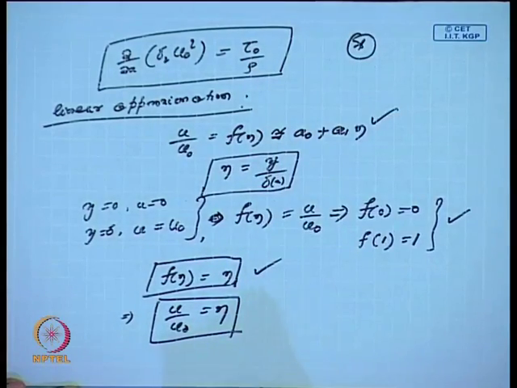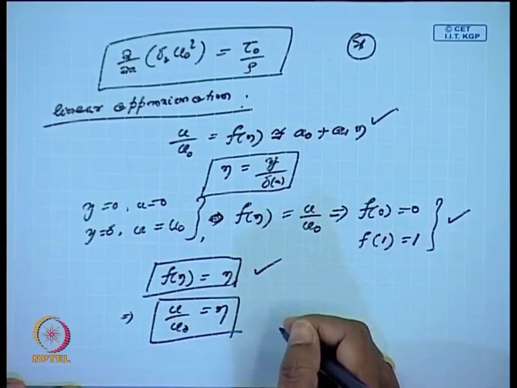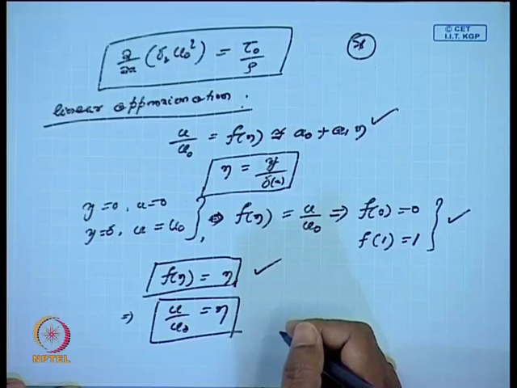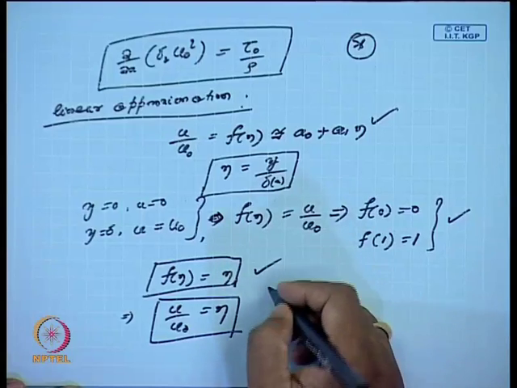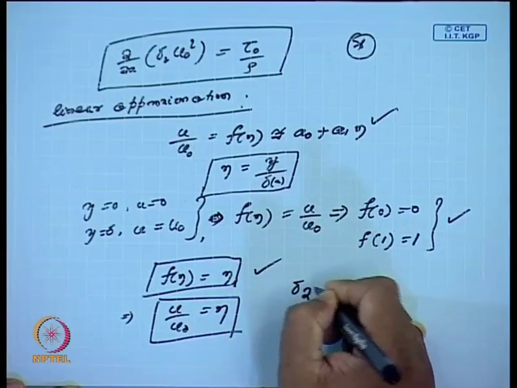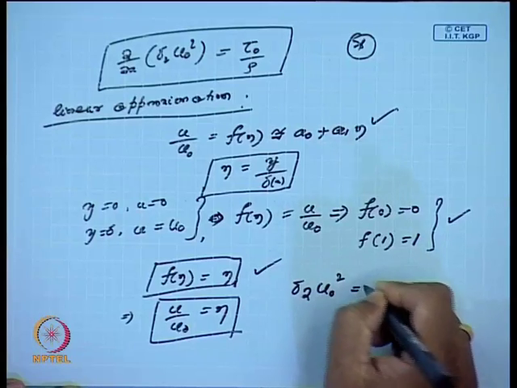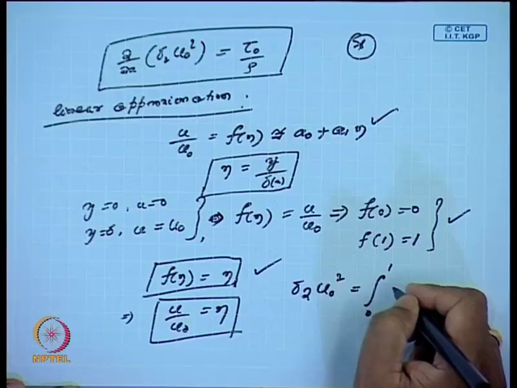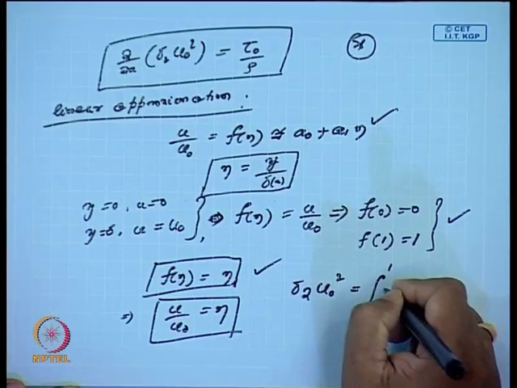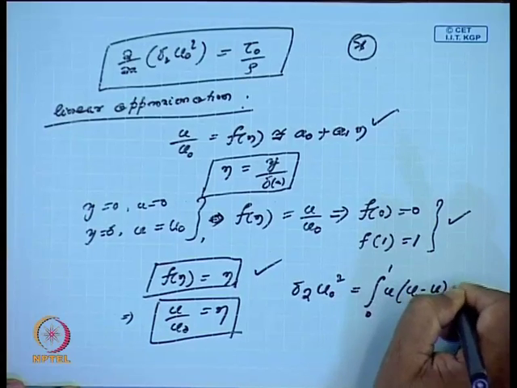If I do that, that will give me delta 2, the momentum thickness: delta 2 u infinity squared is the integral from 0 to 1 of u into (u naught minus u) dy.